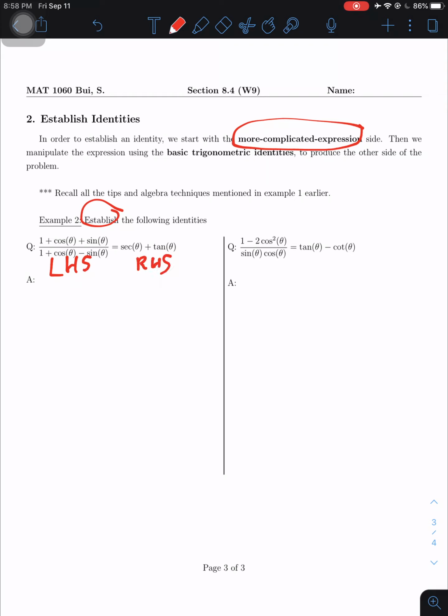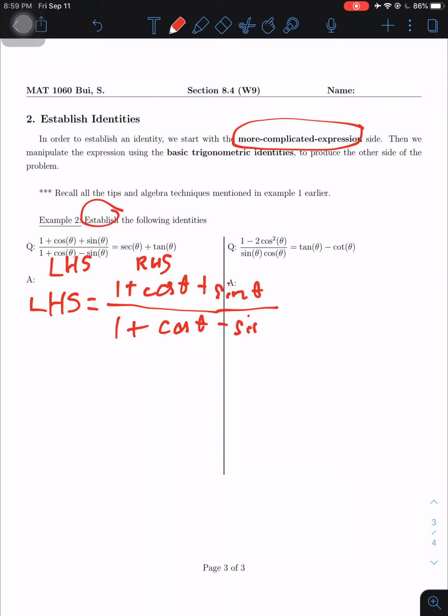Well, I'm gonna start with the left hand side, obviously, because it looks horrible. We have fractions and everything, right? So let me just write out the left hand side, and I'm gonna copy the left hand side down. So we're gonna get something like this: 1 plus cosine minus sine theta.